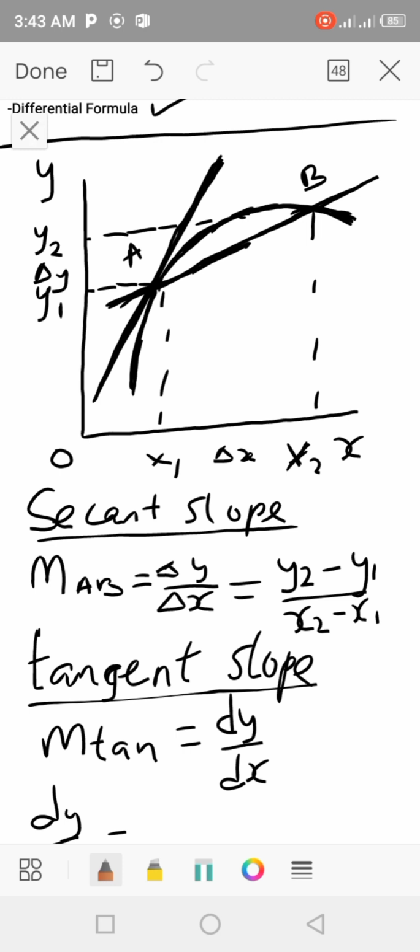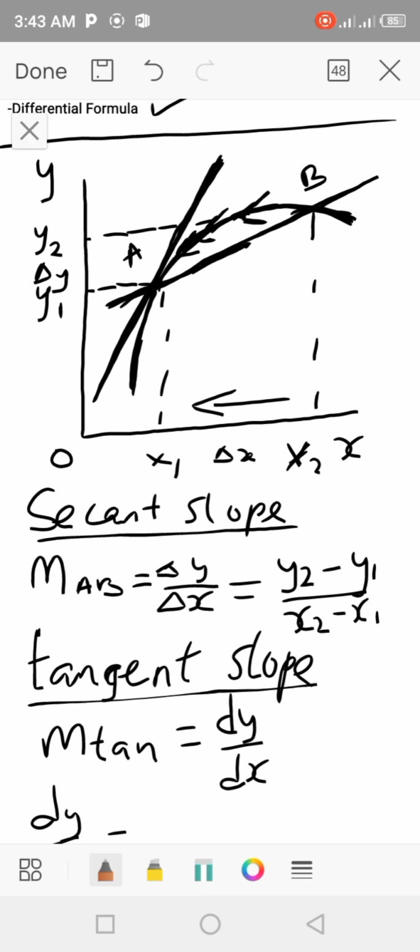Meaning that we are looking for the slope as point B approaches point A. So as point B moves closer and closer to point A, x2 moves closer and closer to x1.